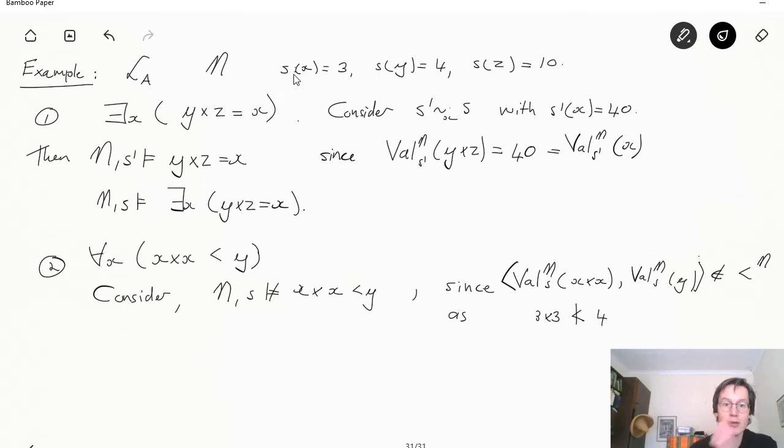So I found an x variant of S, since S is an x variant of itself, and N relative to S does not satisfy the argument of the universal quantifier. So N relative to S does not satisfy for all x, x times x less than y.